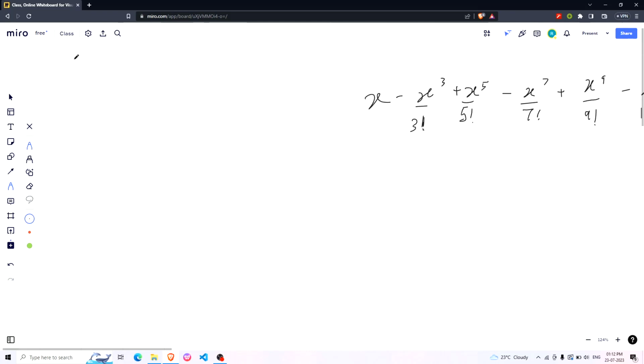So the factorial of a number is the multiplication of all numbers from 1 to that particular number. If we are talking about 5 factorial, then it will be equal to 5 into 4 into 3 into 2 into 1, which means multiplication of all numbers from 1 to 5. We can also write it as 1 into 2 into 3 into 4 into 5. It's the same thing.